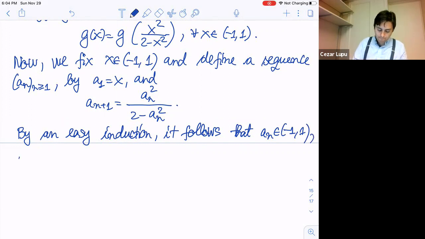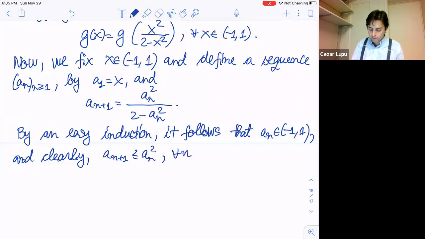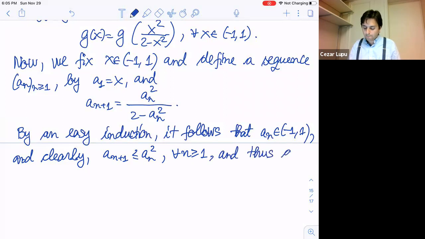And clearly, another thing that's easy to see is that a_{n+1} is less or equal than a_n squared for all n greater or equal than 1. And thus, a_n is decreasing.